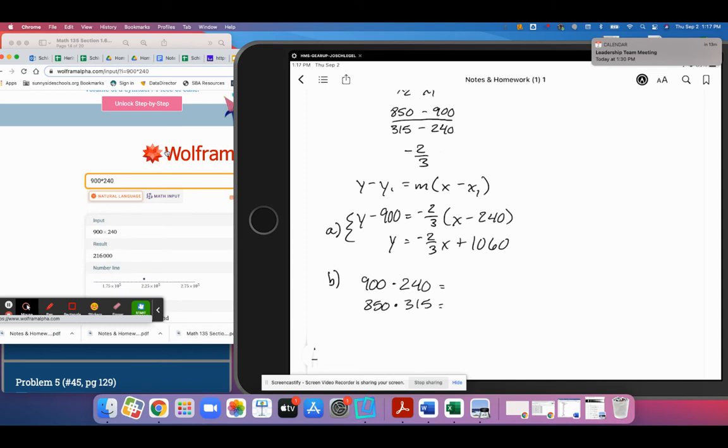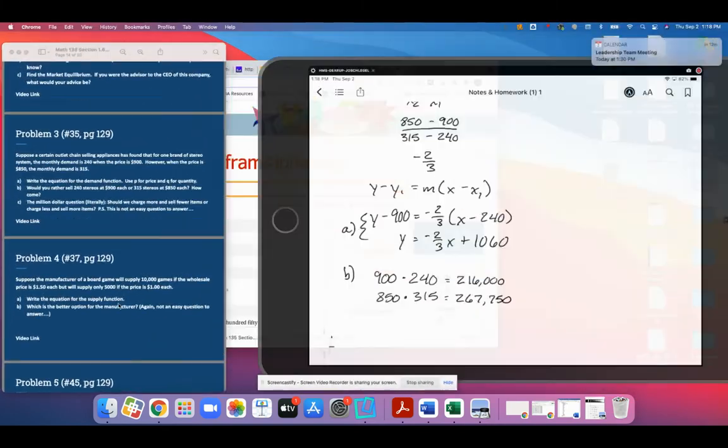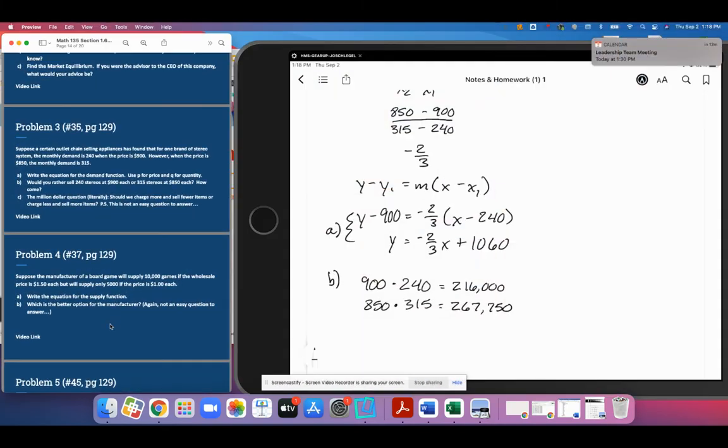And so we end up with 216,000 with that option of 240 at $900, and at 315 stereos at a price of $850, we end up with 267,750.